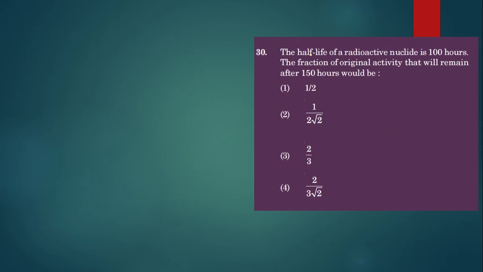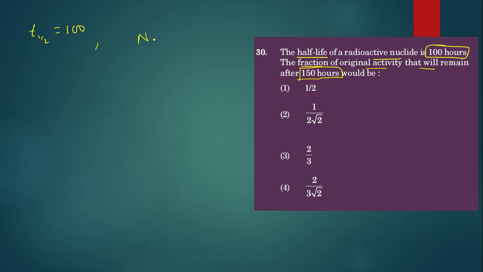Here in this question, it is mentioned that the half-life of a radioactive nuclei is 100 hours. So let me write down, half-life is equal to 100. The question is, what is the fraction of original activity that will remain after 150 hours?